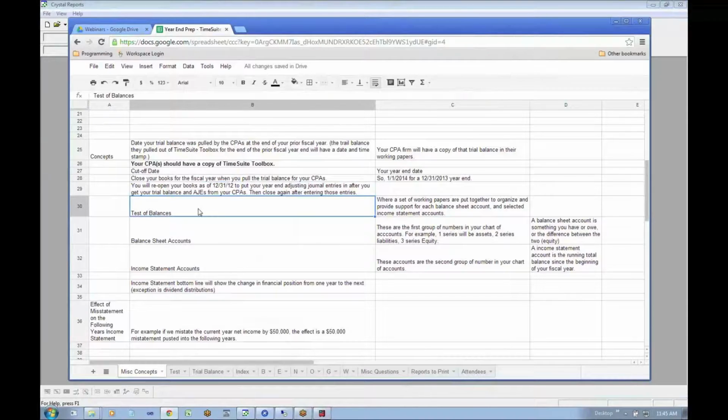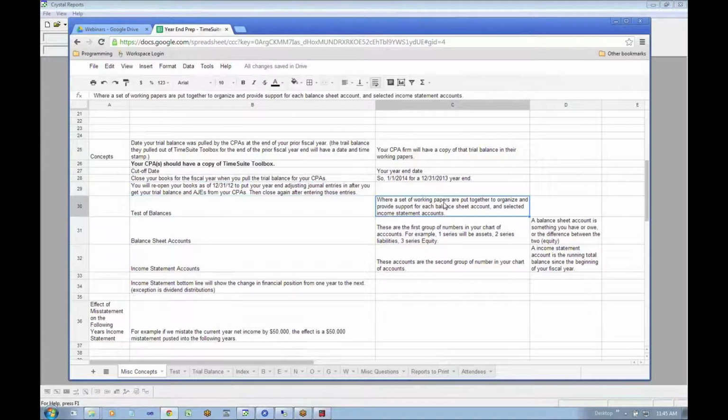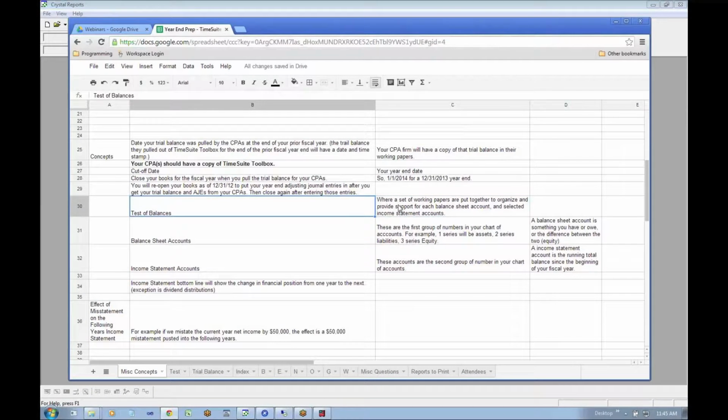Another concept would be test of balances, and this is where a set of working papers are put together to organize and provide support for each balance sheet account and selected income statement accounts. So in the CPA process or the year-end process, either the CPA firm or maybe your internal staff would pull a set of work papers together, basically substantiating all the balances.